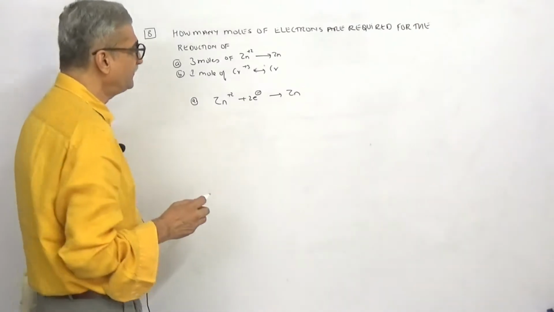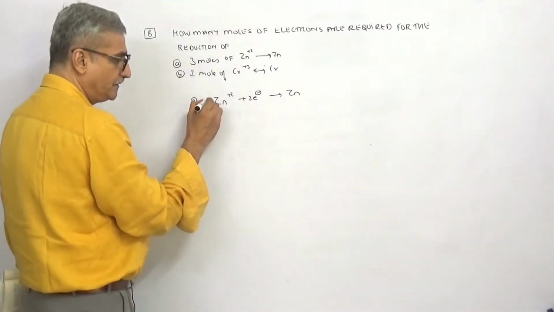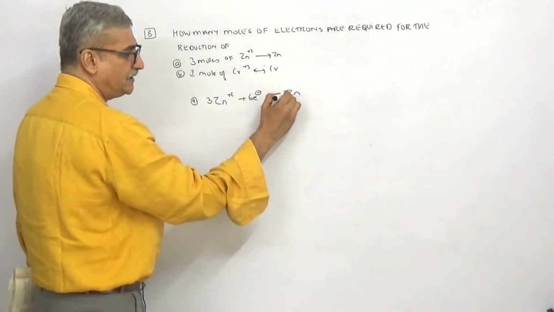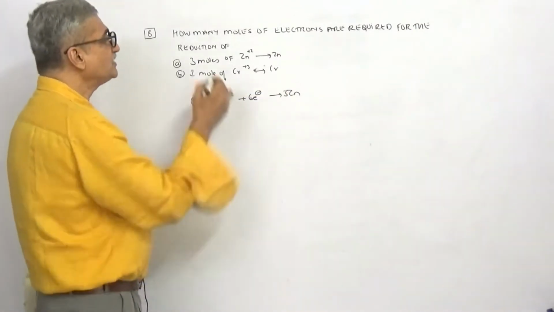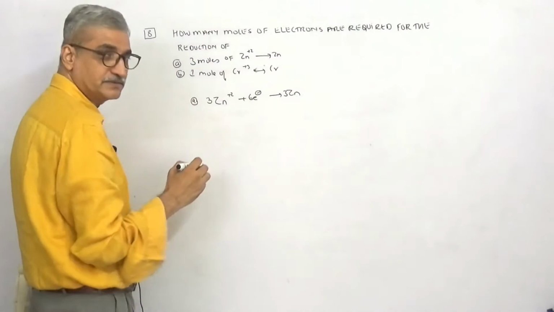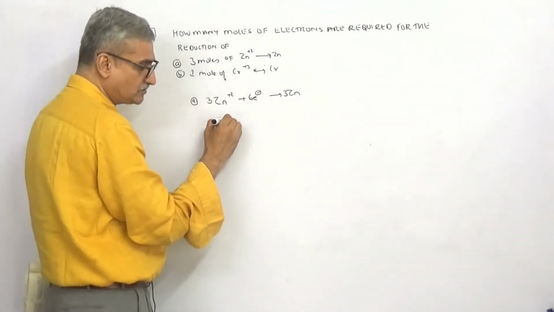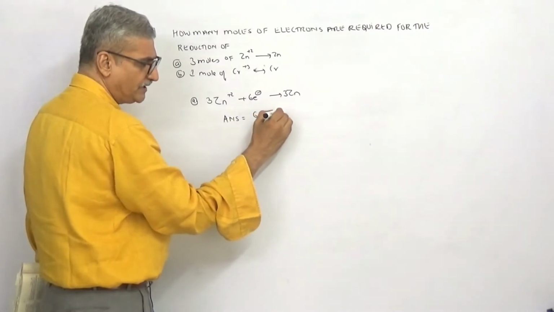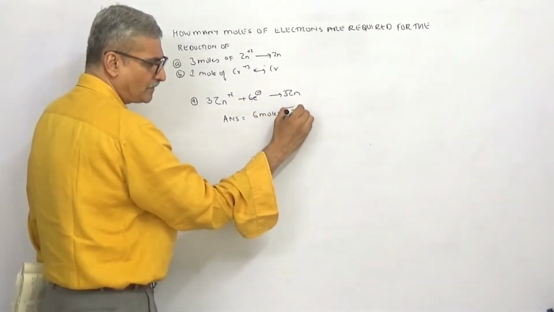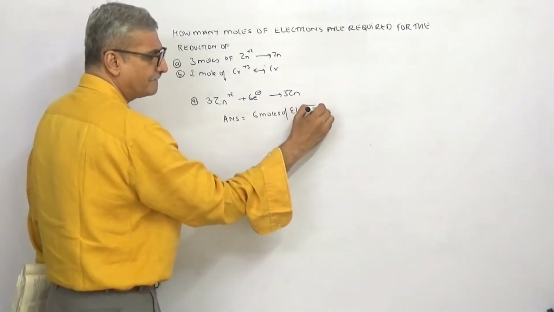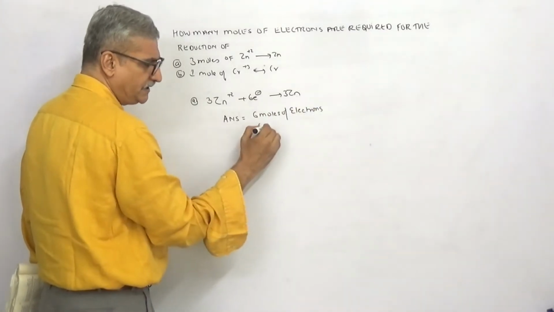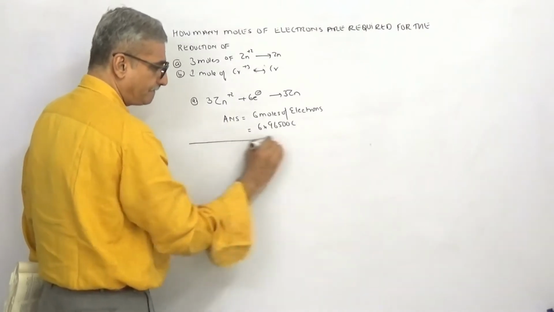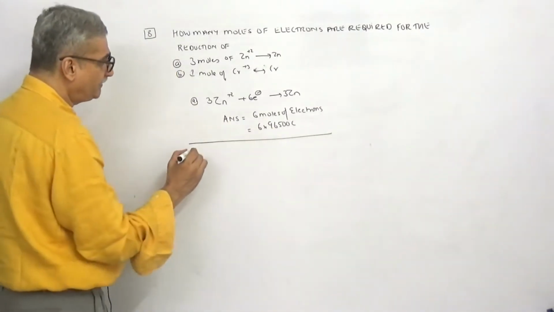Now they have said if you take 3 moles of zinc ion, so this will become 3, this will become 6, and this will become 3. What is the question? How many moles of electron? So the answer is 6 moles of electrons, or if they ask in terms of coulomb, it will be 6 into 96,500 coulomb.